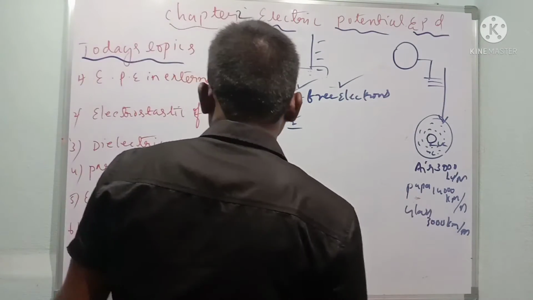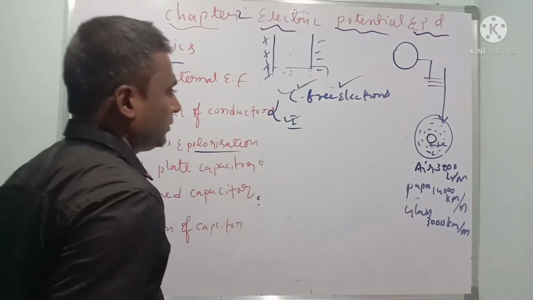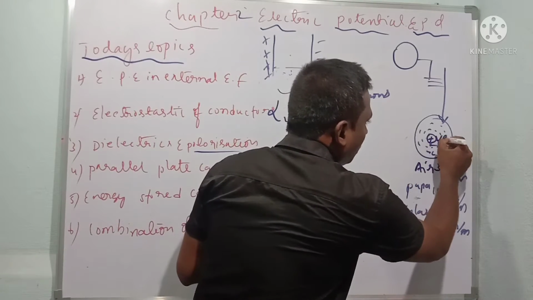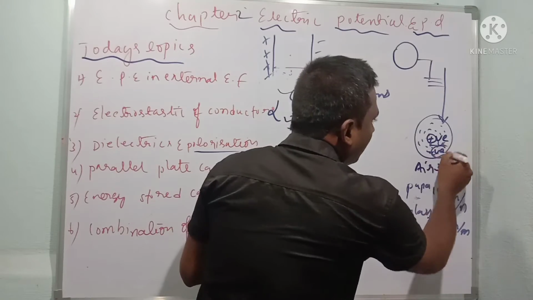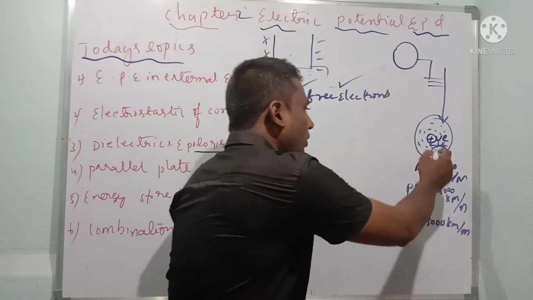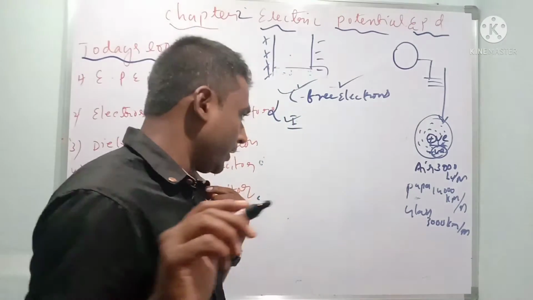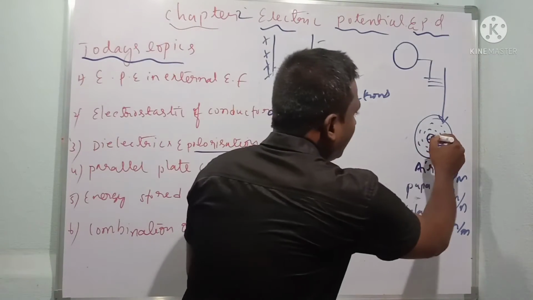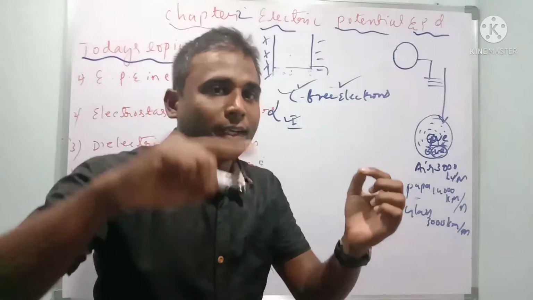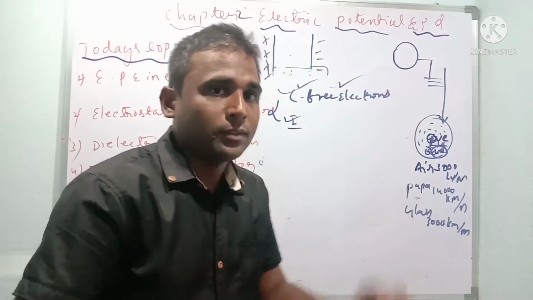So remember this. Now, dielectric polarization. Children, here at the center we have positive charge, and outside we have negative charge. Remember. Now they will act like a dipole. Then they start to polarize and have a dipole moment.